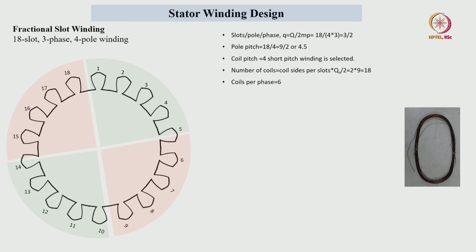Now, first we have to place the coils one by one. With respect to coil 1, this is one coil side, this is the second coil side, and like this we have 18 coils. First coil side we have to place in slot 1, and the next coil side we have to place in slot 5.